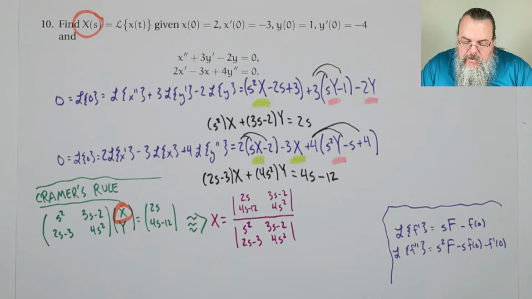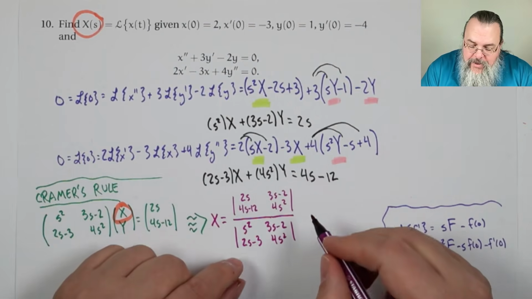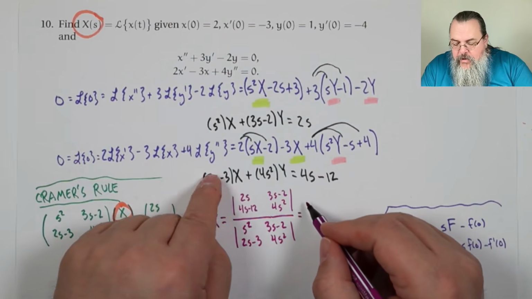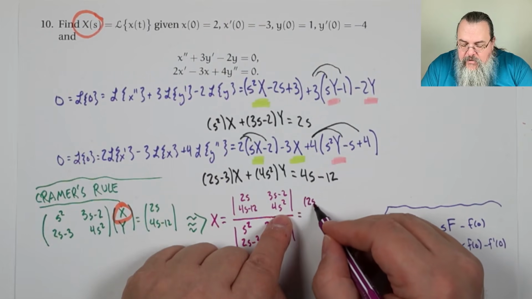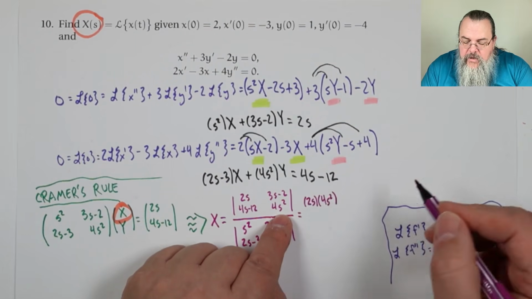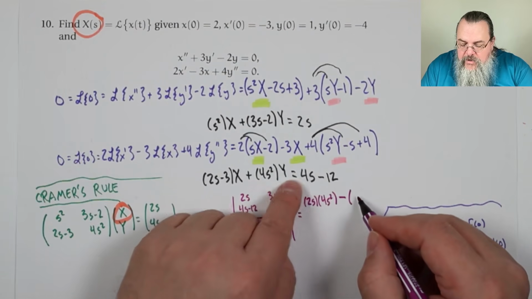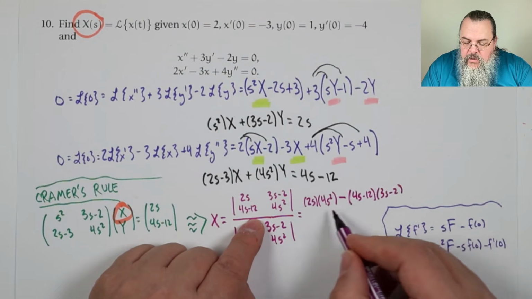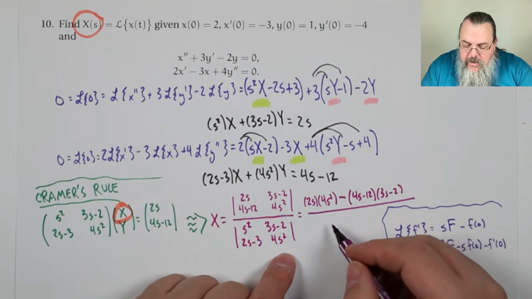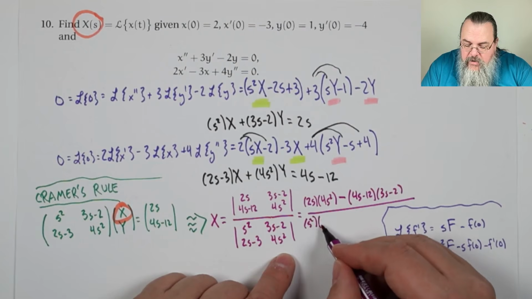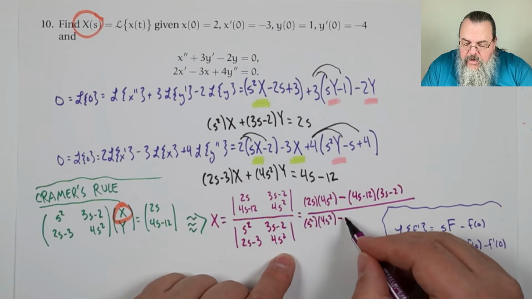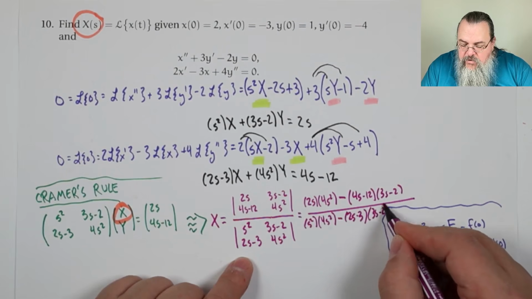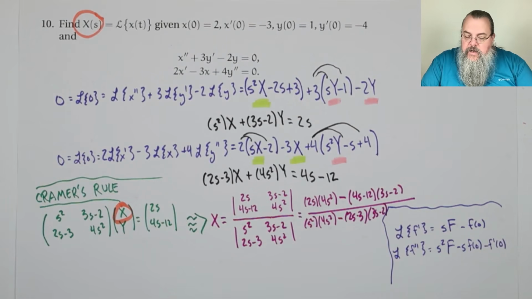And the rest of this is just taking these determinants and giving ourselves a chance to be patient. So we're going to do our diagonal. So we have 2s times 4s squared, subtract the other diagonal, 4s minus 12 times 3s minus 2, divided by the diagonal s squared times 4s squared, subtract 2s minus 3 times 3s minus 2.